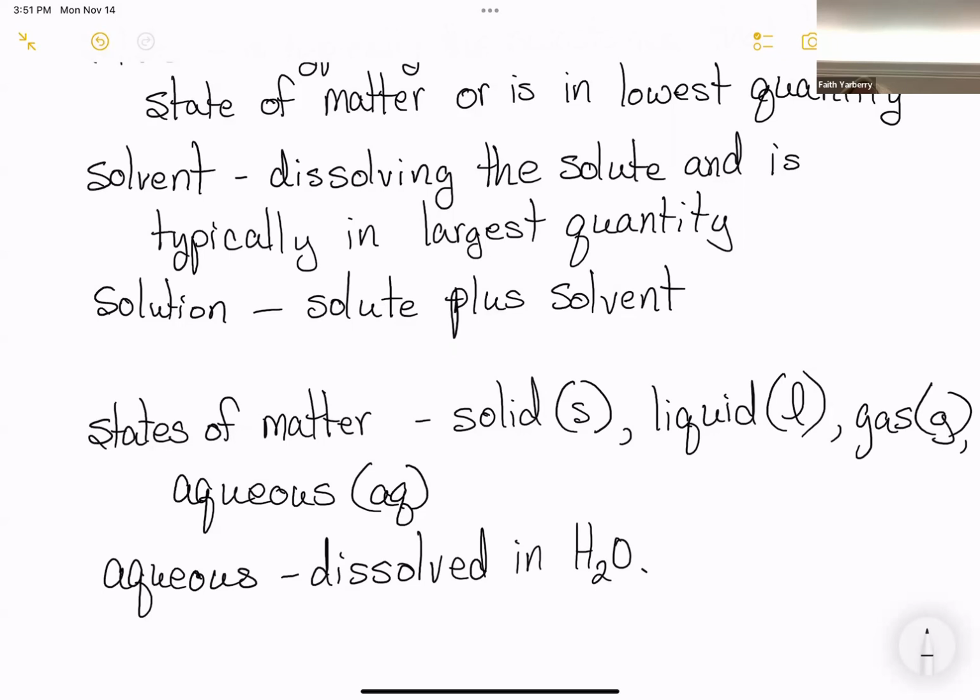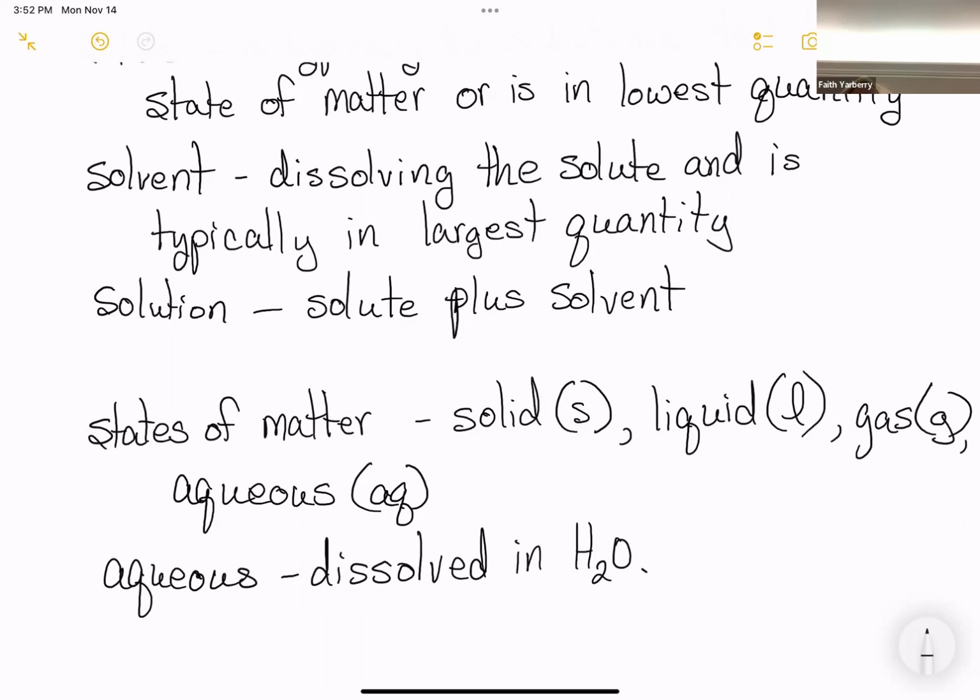Now, folks, solutions can actually be anything. I mean, you're breathing a gas solution. The atmosphere is 78% nitrogen, 21% oxygen, and approximately 1% carbon dioxide and other things. You're breathing a solution. In the example I just gave, the nitrogen is the solvent because it's in the greatest quantity.